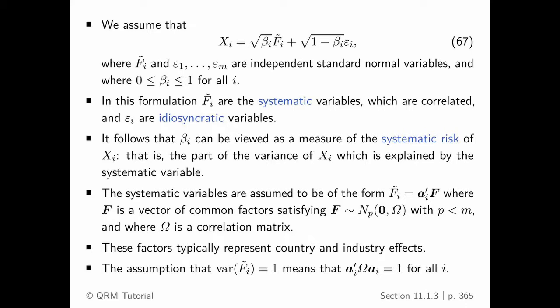Okay, so beta i measures the amount of systematic risk, so the part of the variance of Xi which is explained by the common factors. Now, F_i tilde, we will assume that F_i tilde is a weighted combination of these common factors F. The common factors F, and these factors will have country and industry interpretations. It's written down in a slightly different way to Chapter 6, but it completely falls into the framework of Chapter 6.